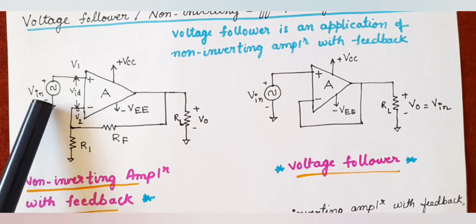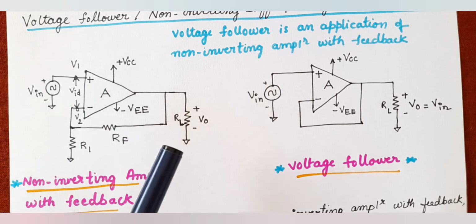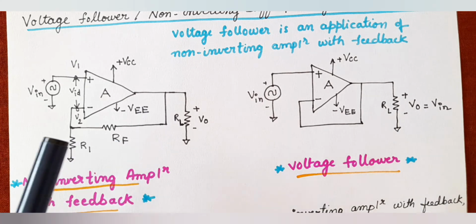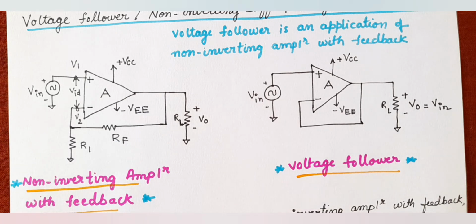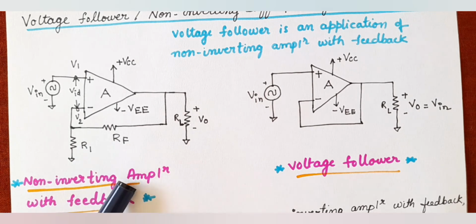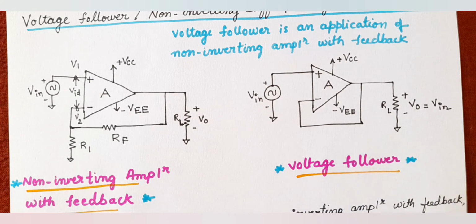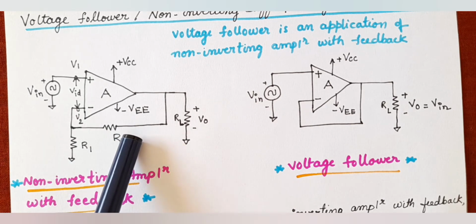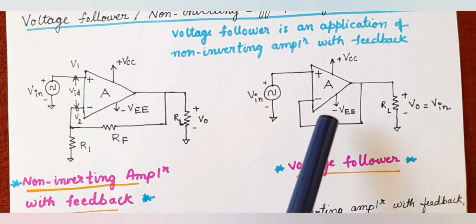Because input voltage is connected to the plus terminal and there is a feedback connection from output back to the input through the resistive network R1 and RF. To convert this non-inverting amplifier with feedback to a voltage follower, what arrangement do we have to do? Open circuit the R1 resistor and short circuit the RF. So we will get this circuit.